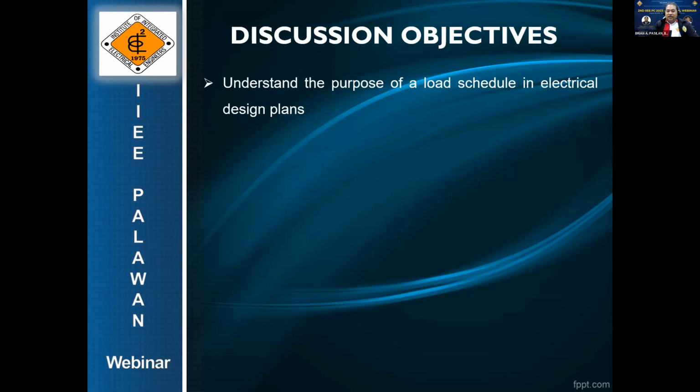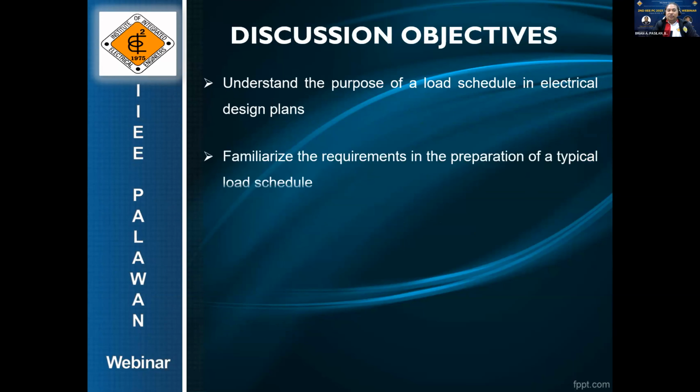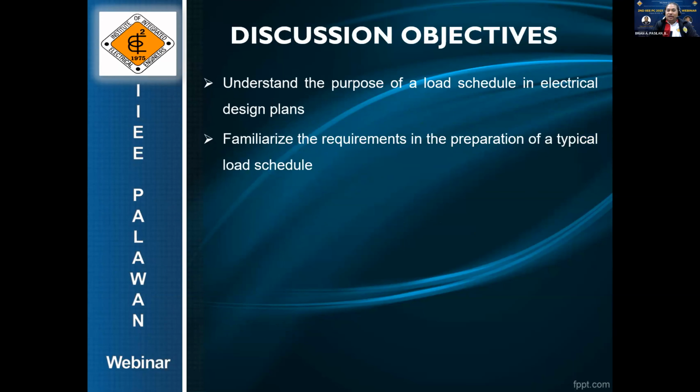So let's run through lang shortly with this discussion objectives, no. So ito yung mga dapat nating expected outcomes. So dapat malaman natin ano yung purpose, bakit tayo gagawa ng load schedule.